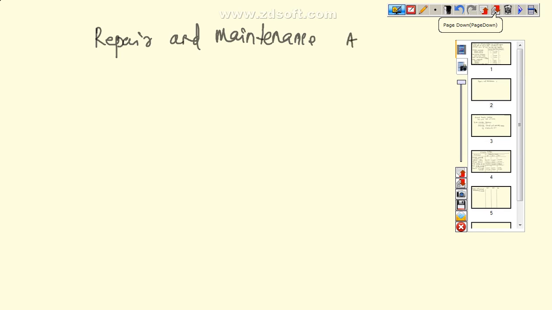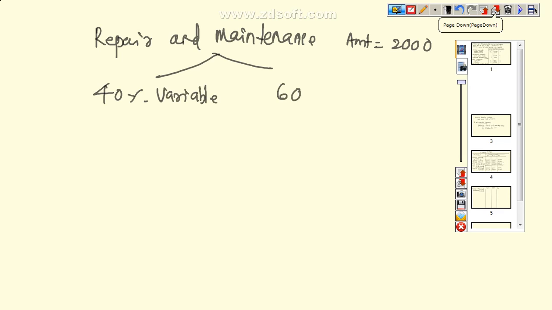Amount is given, amount is equal to 2,000 and categorization is given 40% variable. 40% variable means 60% is fixed. So amount is 2,000, so we have to segregate it into fixed and variable.